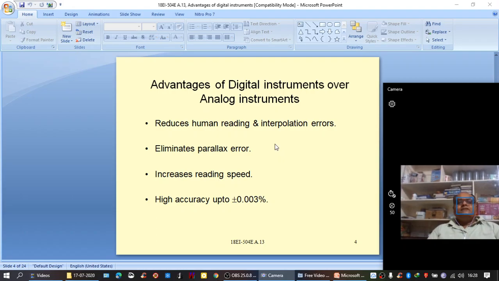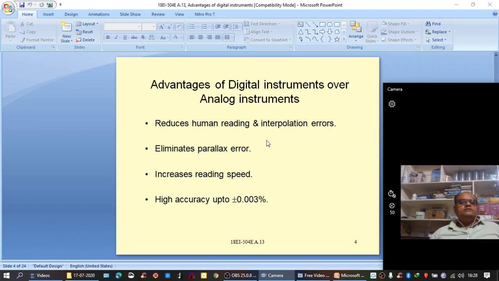And one more error in human reading is interpolation, that is, to judge the position in between two subdivisions. Suppose the current is 1.33 milliamperes.